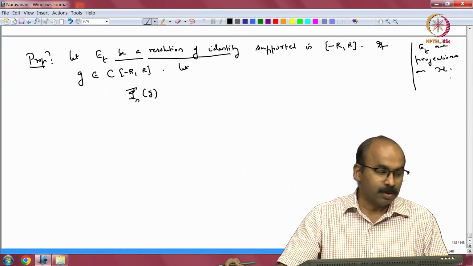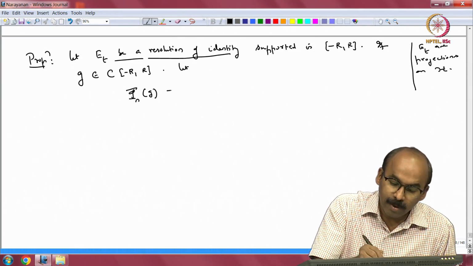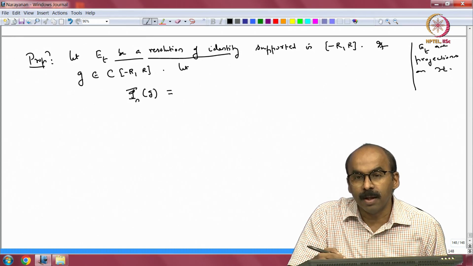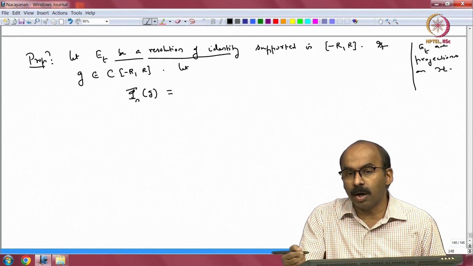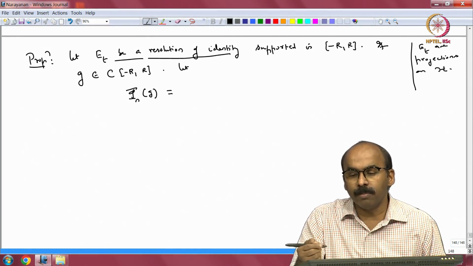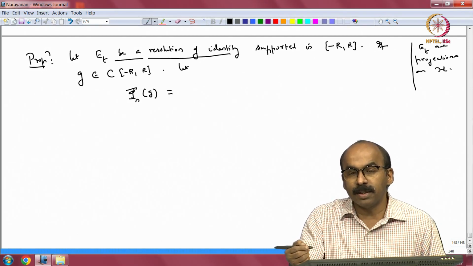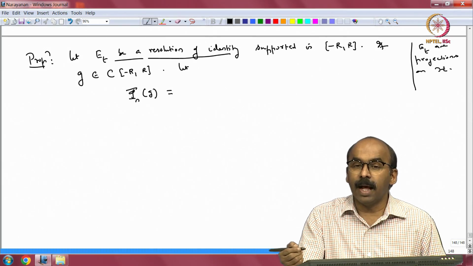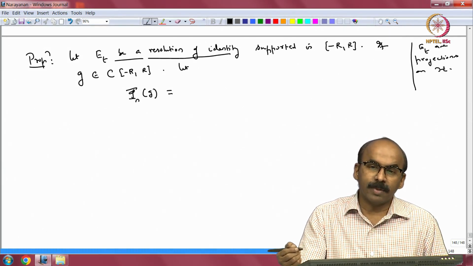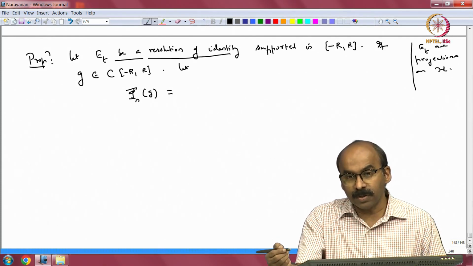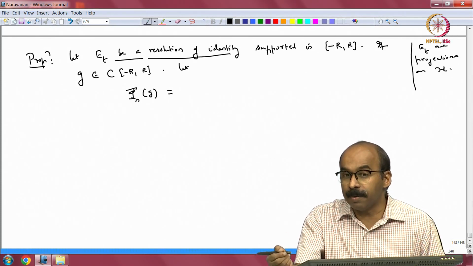Okay. So, phi n g, I am going to sum up something. So, this is like the Riemann sum, right. If I have a continuous function on minus r to r, what do I do? I decompose the interval into smaller intervals, right, subdivide the interval into smaller intervals and choose points from that and then evaluate the function and then multiply it with the length of the interval and sum up, that is the Riemann sum, right.